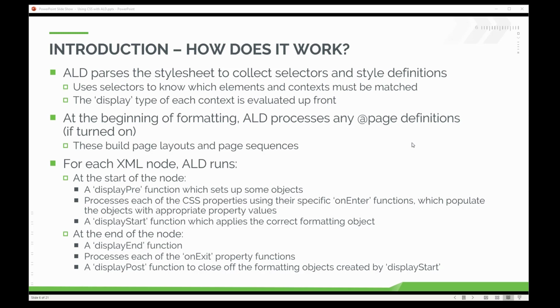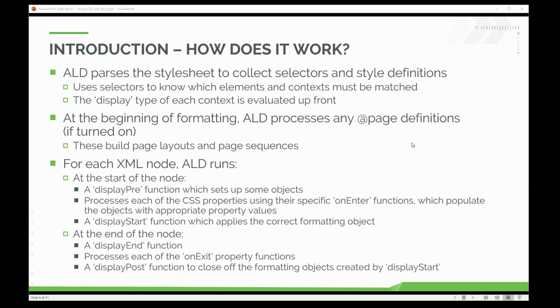So each of the properties has an on-enter and an on-exit version of the function. And so on the way into the node, it'll run the on-enter version. And then it'll hit the display start function, and that applies all the properties and creates the right display object. So it could be a block or inline or a list item, that kind of thing. And it'll do that last out of this group of functions. And once it's done that, it will carry on with the rest of the formatting.